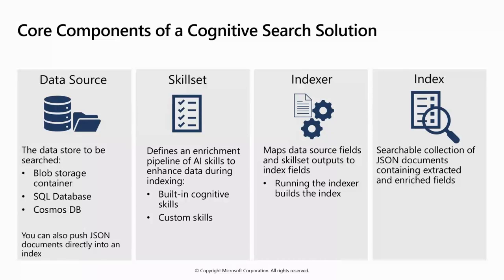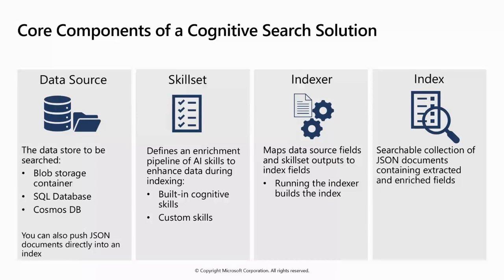And indexer skills are wrapped in a skill set. This describes an enrichment pipeline in which each step enriches the source data with insights gained from a distinct AI skill.